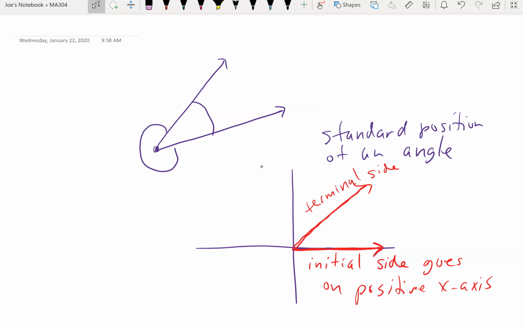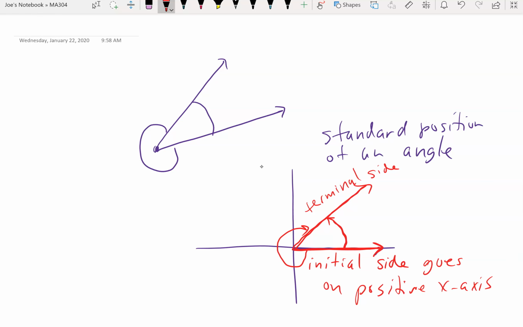Now again, like we had before, there are actually infinitely many ways to talk about the measure of this particular angle. The two obvious ones are going from the initial side up, or going from the initial side down and around.